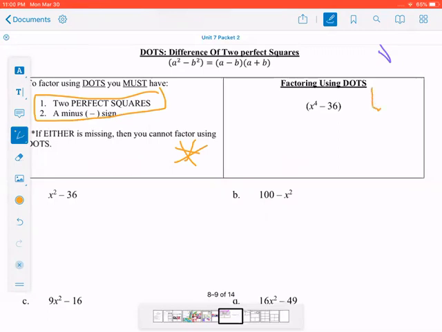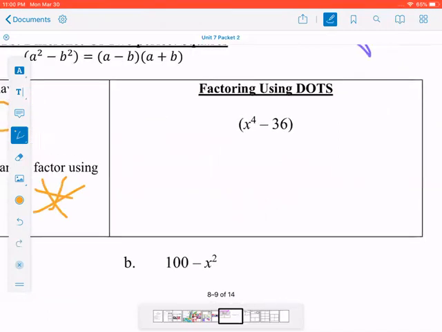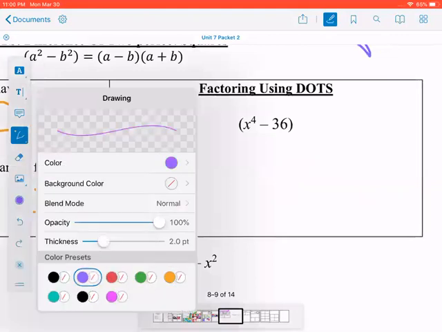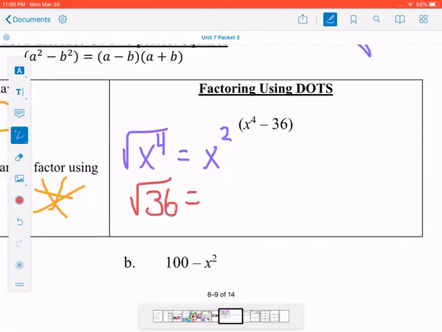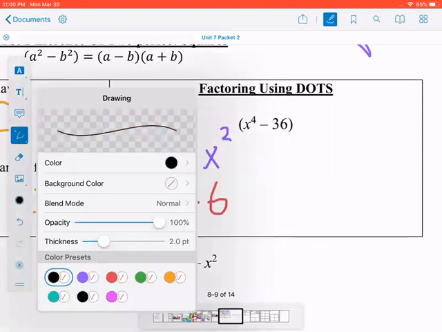So looking at this first problem, you're going to take the square root of your first term. So the square root of x to the 4th is x squared. Then you're going to take the square root of your second term. So the square root of 36 is 6 because 6 times 6 is 36.